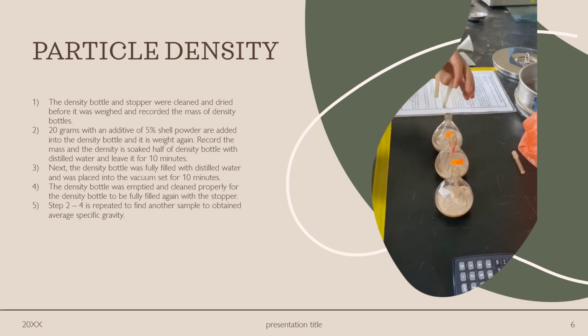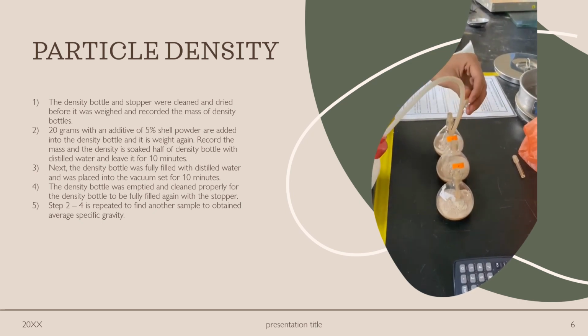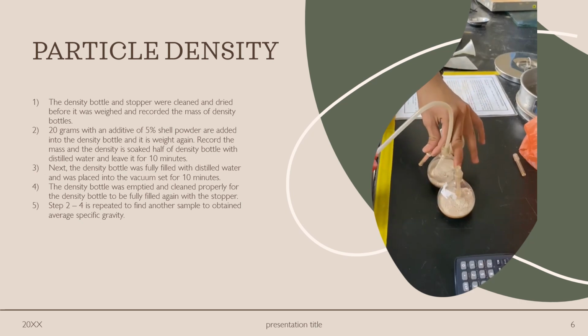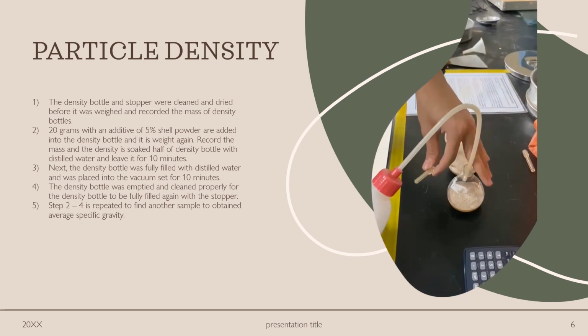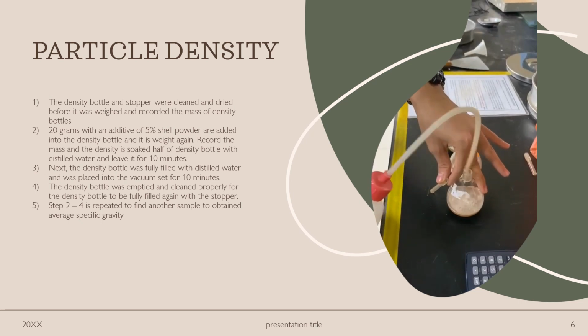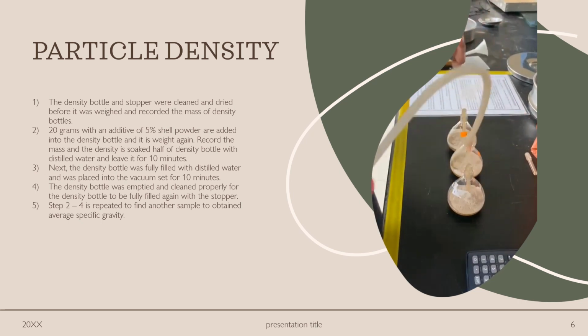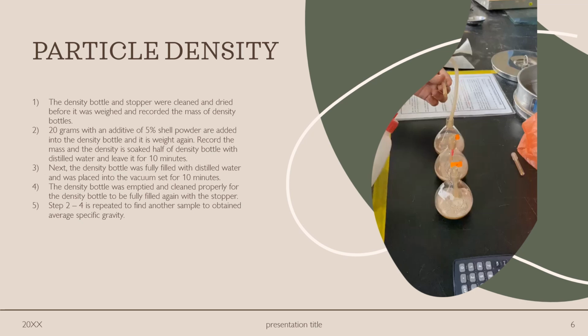The density bottle is soaked halfway with distilled water, including the soil sample. Finally, steps 2 to 4 are repeated with another sample to obtain the average specific gravity.